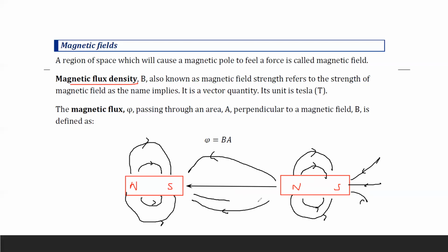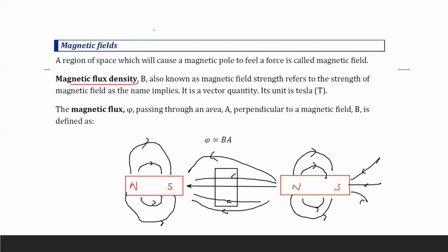Now, what is magnetic flux? Magnetic flux means how many field lines are passing through a unit area. For example, if we have this surface and this surface is perpendicular to the magnetic field, how many field lines will pass through a unit area?